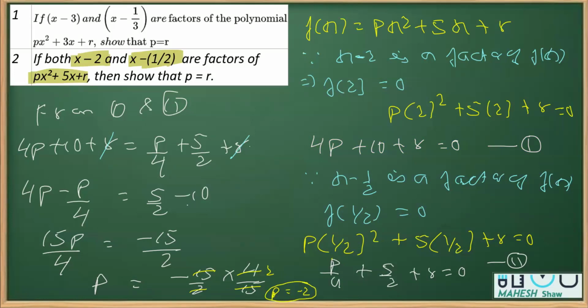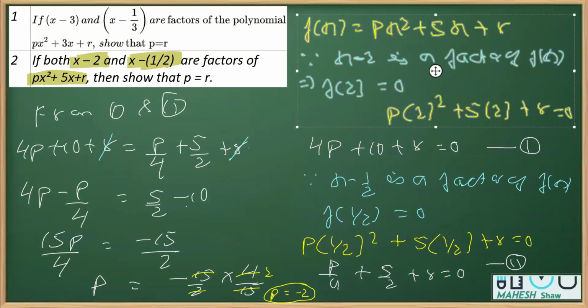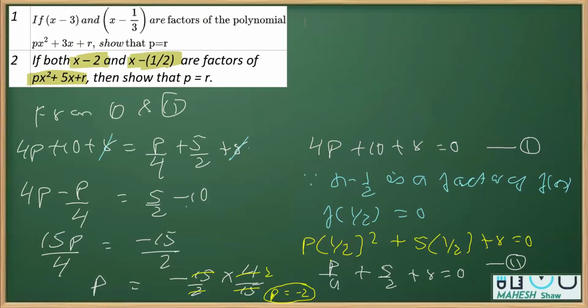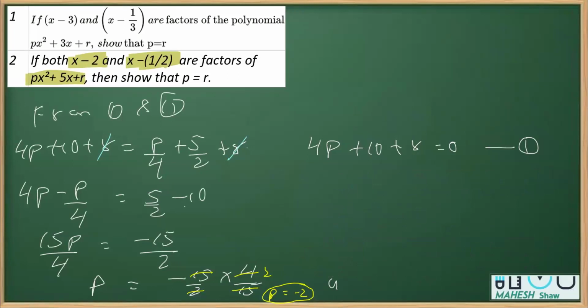Now what we are going to do next is to replace the value of p in any of these equations. Let's say I choose the first equation. So I'm going to replace the value of p in the first equation and see what we are getting r as.